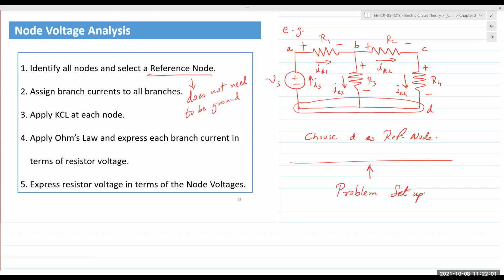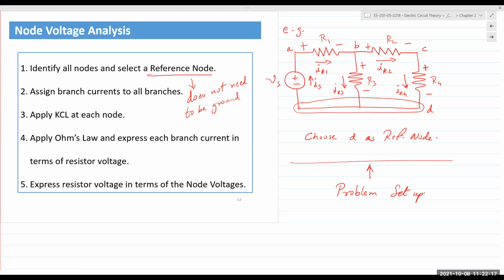Now, once the problem setup is done, we move on to steps 3, 4, and 5. You apply KCL at each node, and you'll have your KCL equations in the form of those branch currents.